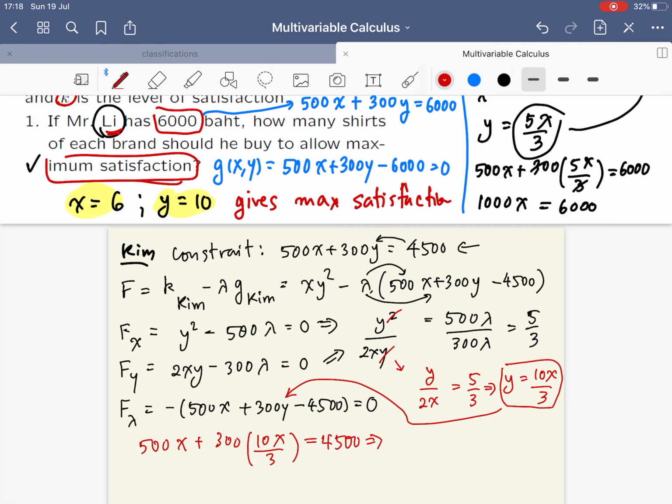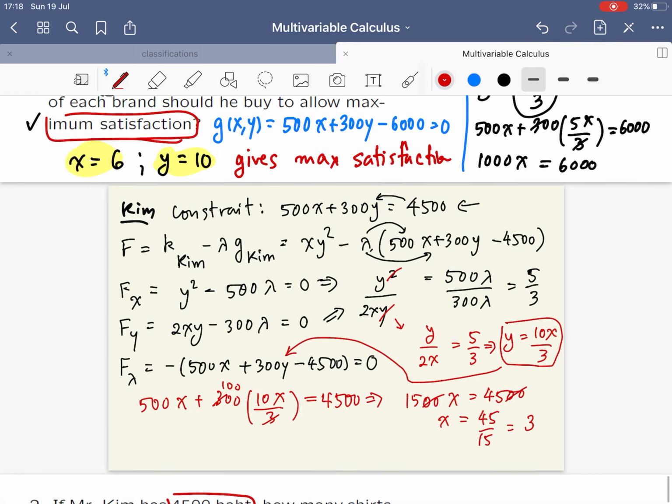So you have 500x and 300 times y, which is 10x over 3, equals 4500. So this one, it is 1500x equals 4500, okay. So your x is 4500 over 1500, which is 3.